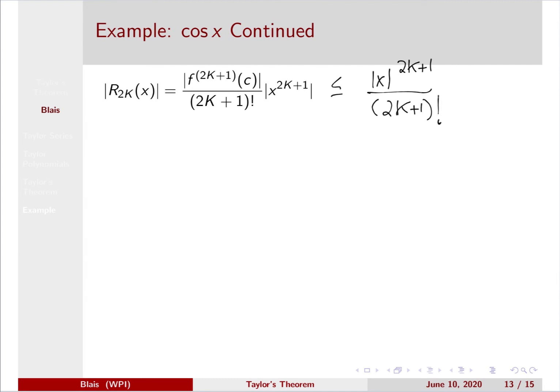we can now notice that as k goes to infinity, what we have here is a race situation where we have a polynomial term in the top and a factorial term in the bottom.